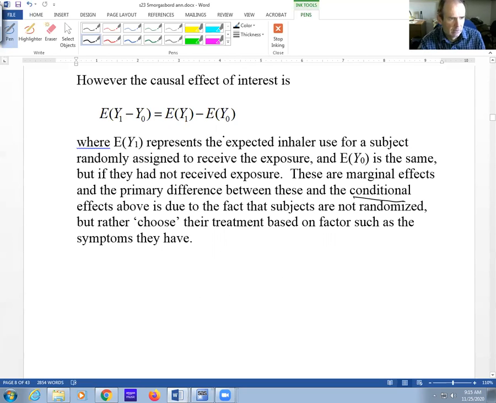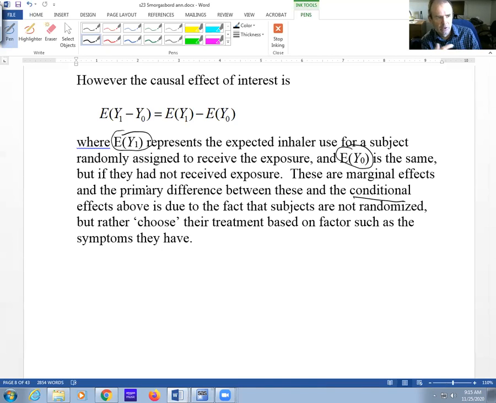It's a marginal effect, expected value of Y1. That represents expected inhaler use for a subject randomly assigned to receive the exposure. And this would be the same thing. So Y1, the 1 indicates that they received the exposure. Okay, that's just the notation that we're using.